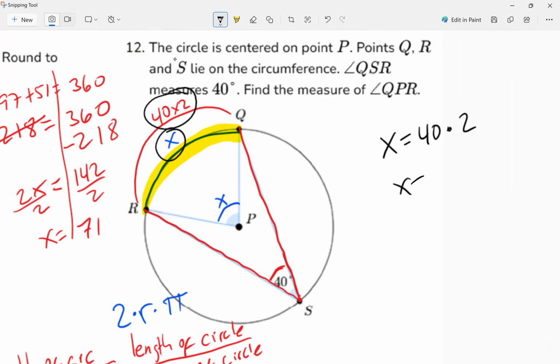So x is equal to 80. That's my arc. What I wanted us to go over again is the arc has the same degrees as the angle in the center, but if the angle is on the circle, angle times 2 equals the arc. Okay, let me flip the page. Let me take a look at questions 13 and 14 now.